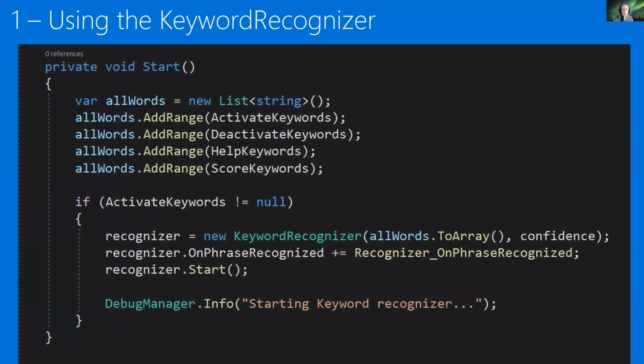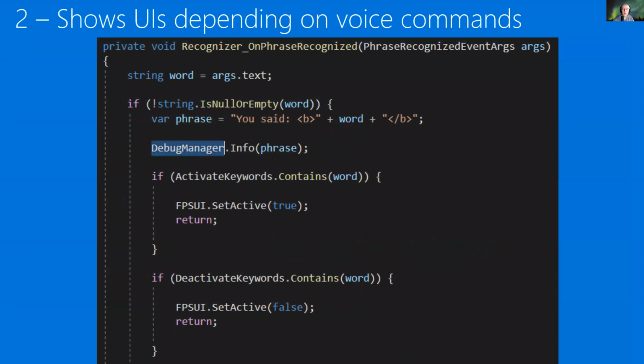Using the Unity keyword recognizer is quite simple, and it's also very effective, because if you need to recognize simple phrases, you can just pass these phrases and words to the constructor of the Unity recognizer. And automatically, when these words are recognized, an on-phrase recognized event will be triggered, and then you can do different actions when this event is fired.